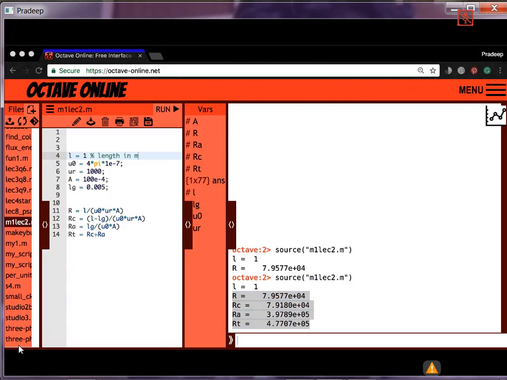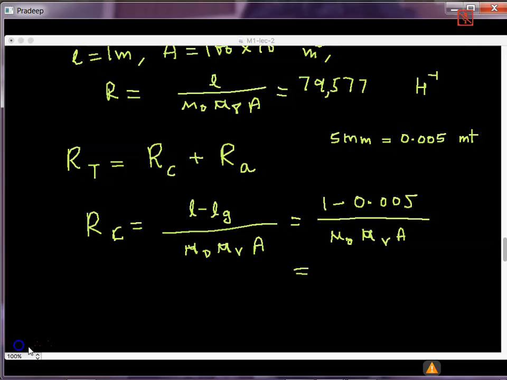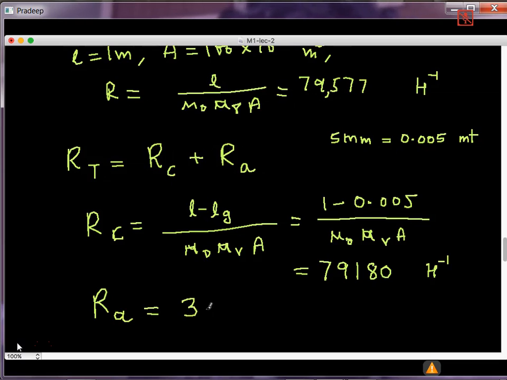So let me write this in the solution. So this is 79180 inverse H, and then R of air gap is much higher actually, 3,97,089,890.